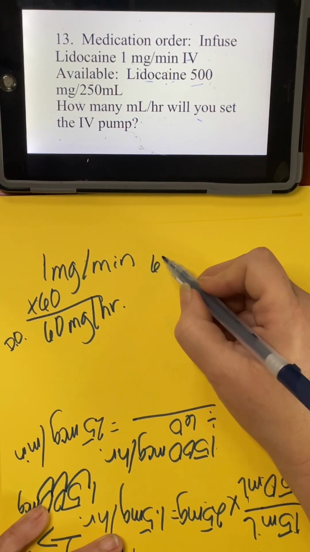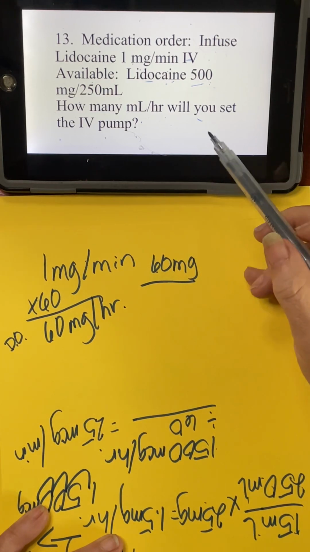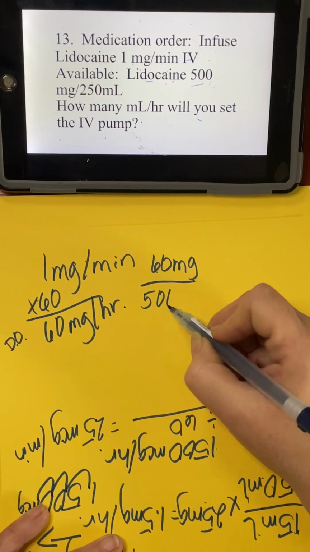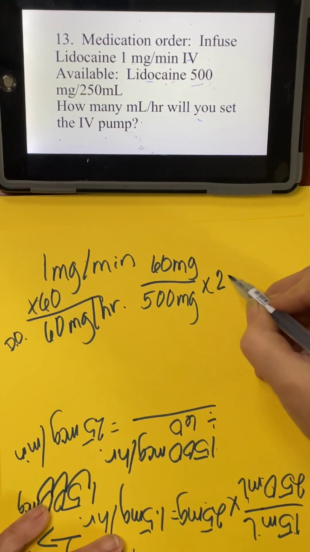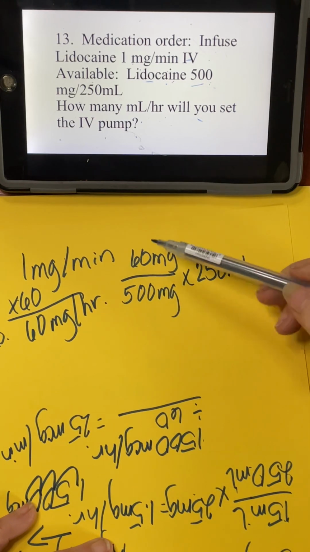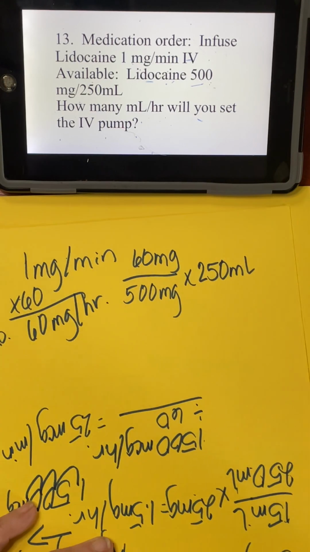So this is our new dose ordered. So what he wants is 60 milligrams. What do I have that's milligrams? I got 500 of them. Milligram rich. And then how does that come? In 250 milliliters of fluid. So we're going to do the math. This divided by that times that.